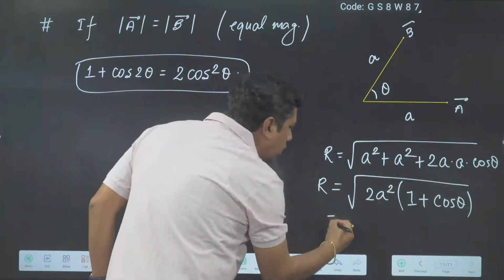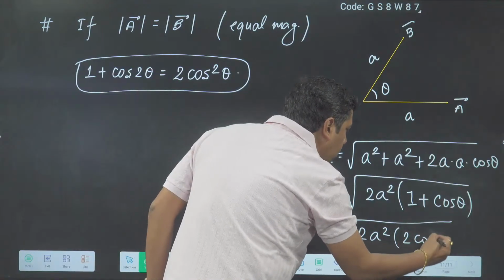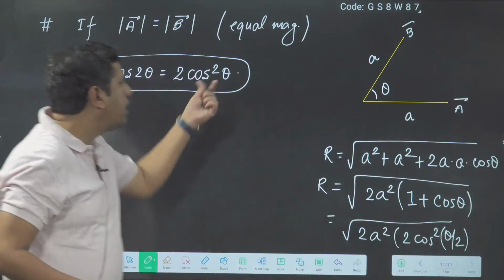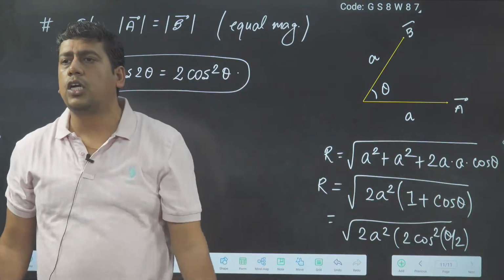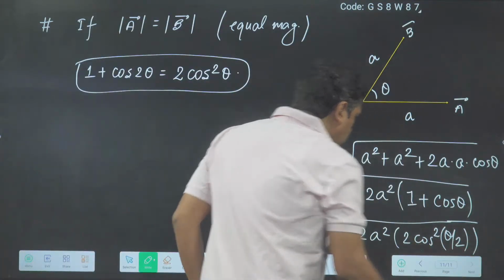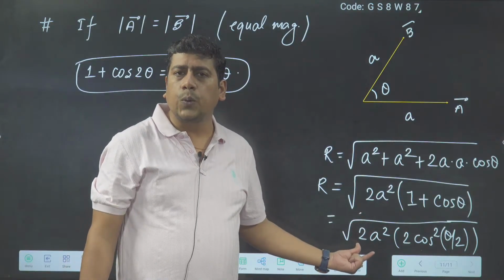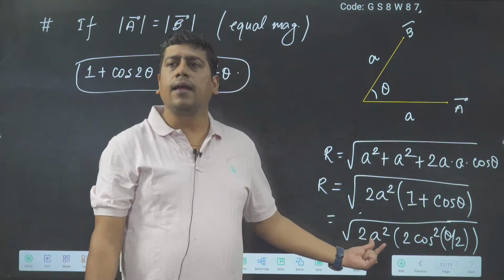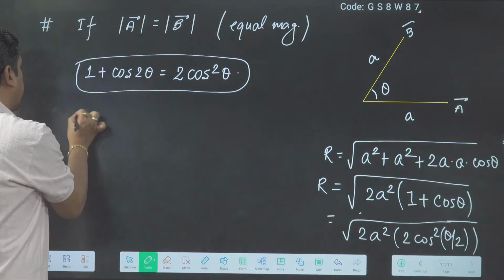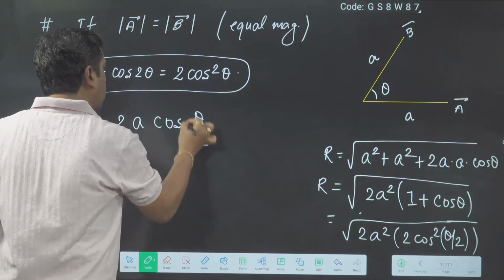So we can write 2a square into 2 cos square, the 2 theta becomes theta, so here theta becomes theta by 2. Clear? So 2 into 2 is 4, root 4 will be 2, root a square will be a, root cos square will be cos. So the answer will become 2a cos theta by 2.